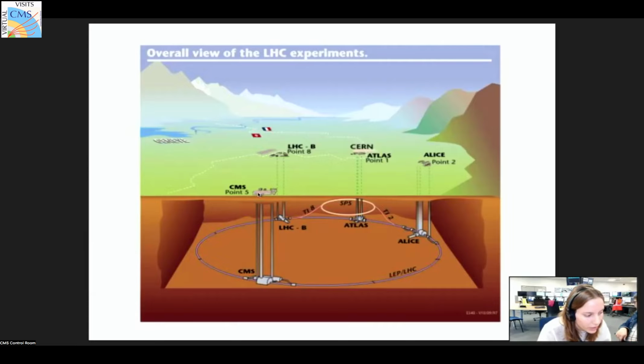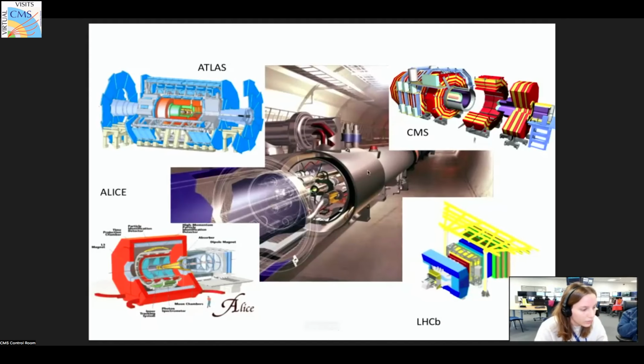We are right now on the ground, so we're not yet underground. And you can see that CMS, the actual experiment, which lies down here, is the deepest one, as far as I know, out of all the experiments of the LHC, and it's more than 100 meters underground. Now, this is a picture of our beautiful CMS. It's the most colorful one, by the way.